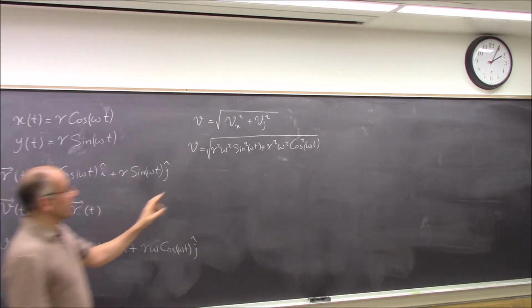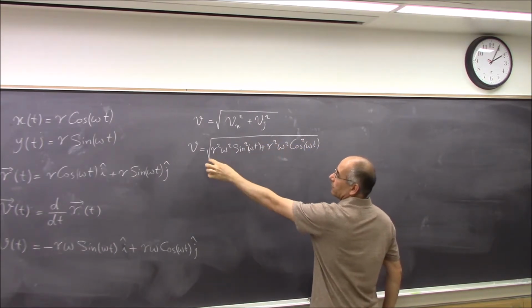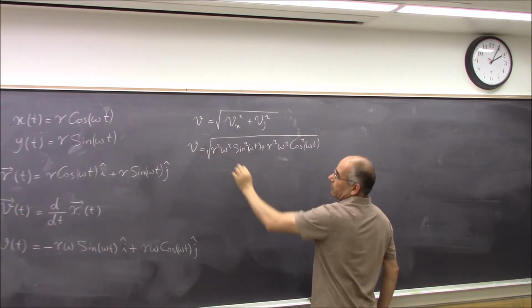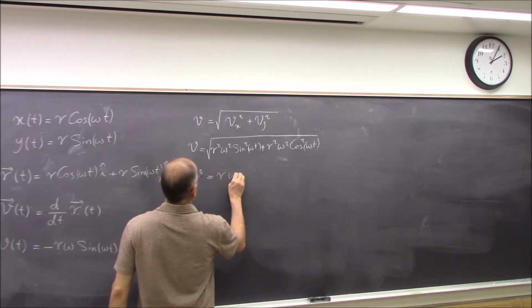If you factor r squared omega squared, you get sine squared plus cosine squared, which is 1. So this becomes the square root of r squared omega squared, which is r omega.